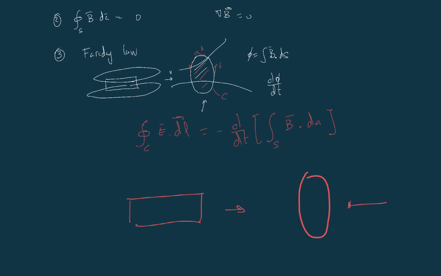So the change in the flux will go to the right. The flux is increasing because there are more lines of magnetic field going through the loop.